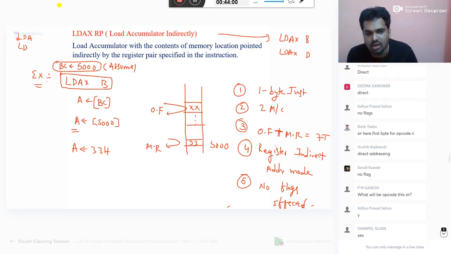LDA, when you see it, you understand it is load accumulator. LDAX register pair, LXI register pair, like that. Load immediate. So these are the codes we use. The manufacturer has given them to indicate the meaning, so that it is easy to remember.